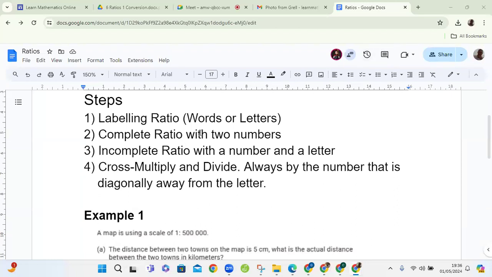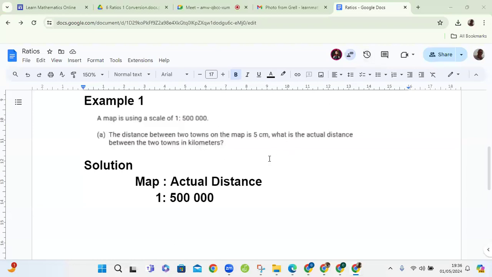So the third step is the incomplete ratio with a number and a letter. So the 5 we've got there, it says on the map is 5. So that 5 will come on the map. And that is the purpose for the labeling, to know where to allocate the numbers. And that will be 5 to 2.